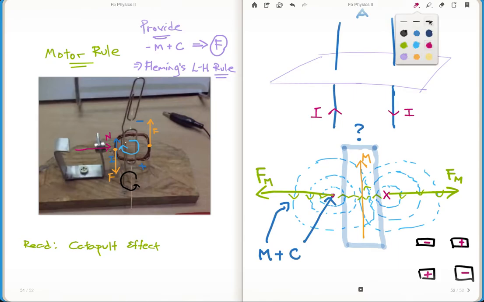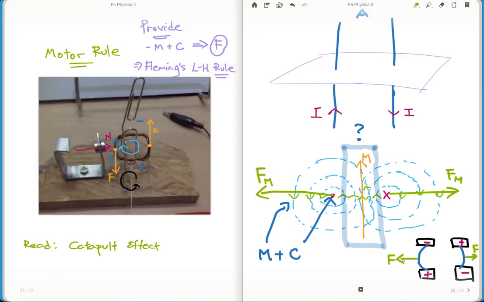The end result would look like this, the wire, because the magnetic force is pushing it upwards. This is the force. So basically this is what you need to know.